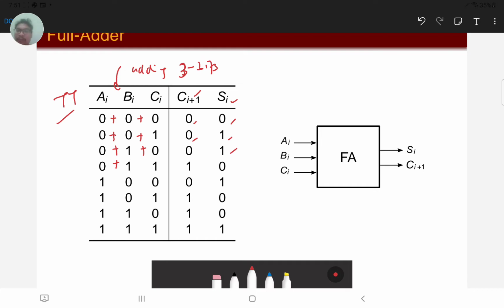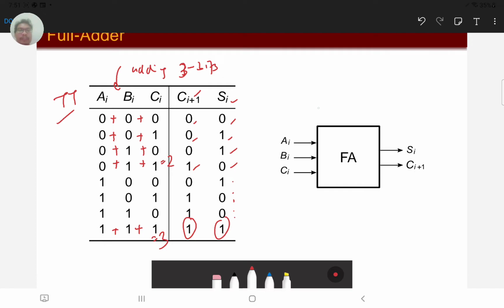The next one, 0 plus 1 plus 1 equals 2, which is 1 0 in binary. The last one, 1 plus 1 plus 1 equals 3, and 3 in binary is 1 1. That's the reason why we have Ci plus 1 equals 1 and Si equals 1.